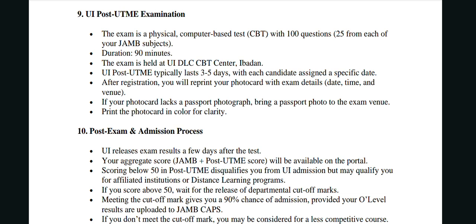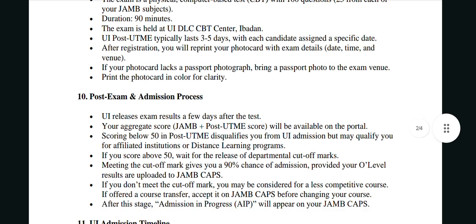You are doing the same subjects you did in JAMB. There's no way you can change it. It is automatic. Four subjects, 25 questions each, making 100 questions. The exam is CBT and it is physical.